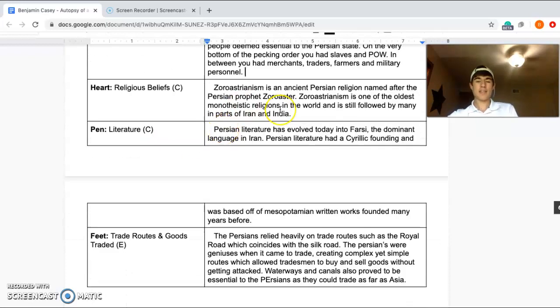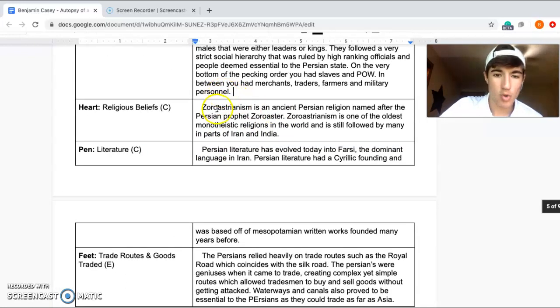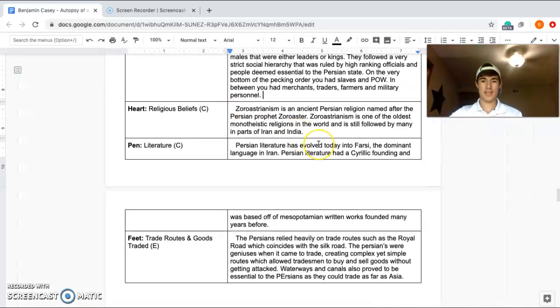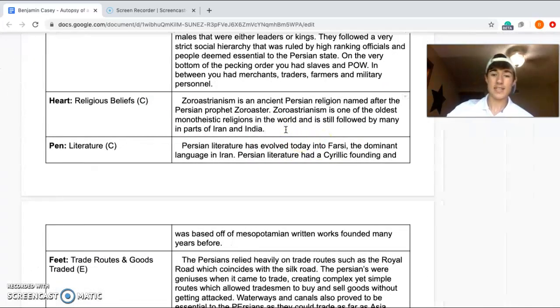Religious beliefs. They had an interesting religion, Zoroastrianism. I believe that's how you say it. It is an ancient Persian religion named after a Persian prophet, Zoroaster. So this prophet did lots of teachings and he preached, and people believed that this man was a god.